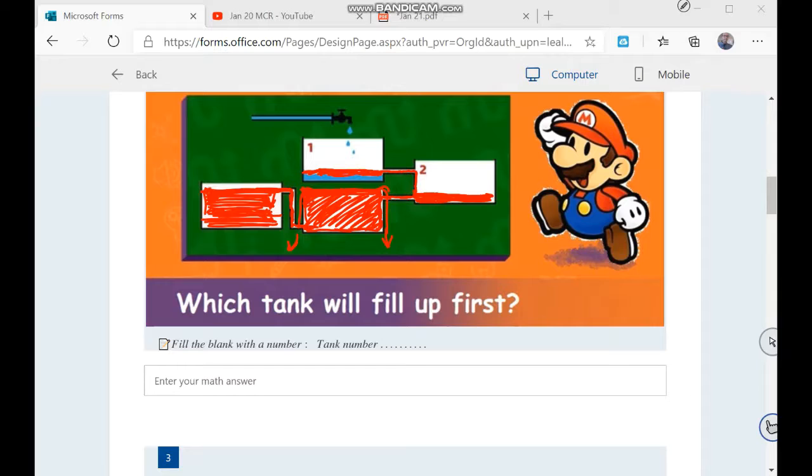And tank 1 will never be full. Tank 2 will never be completely full. And tank 4 also will never be completely full. We'll have this little margin, little volume that's not full. But tank 3 is the one that will overflow.